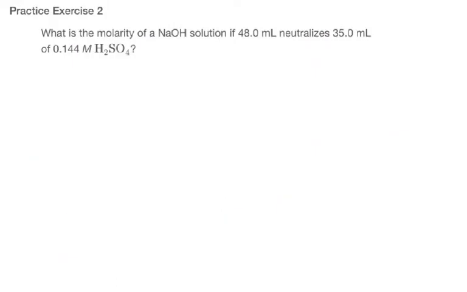Practice exercise number 2. This time we want the molarity of NaOH solution if 48 milliliters neutralizes 35 mLs of 0.144 molar H2SO4. Again, let's set up the equation. We have sodium hydroxide, a strong base, reacting with sulfuric acid, which is a strong acid.